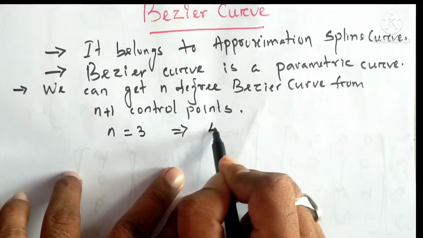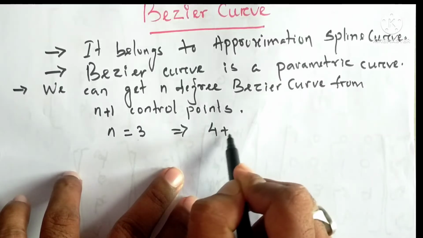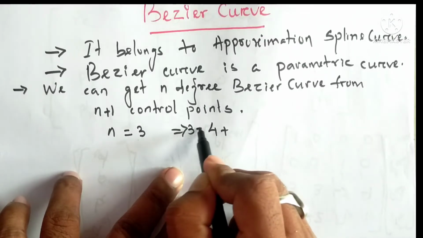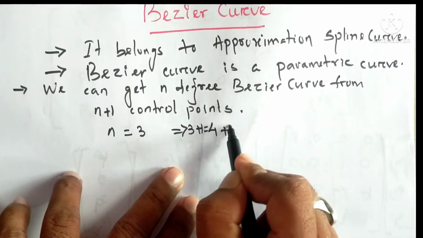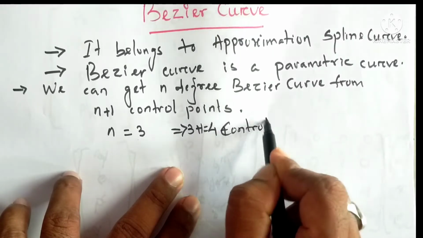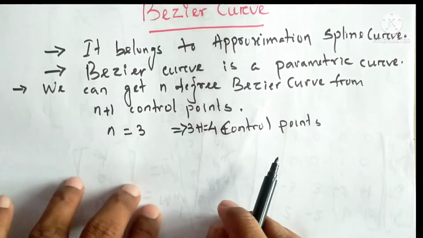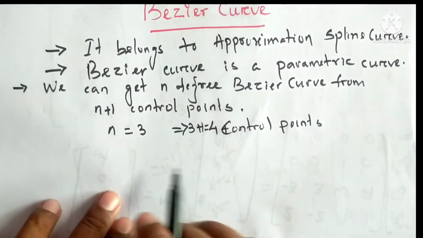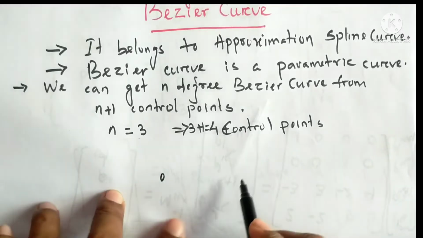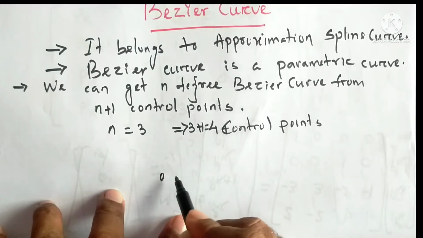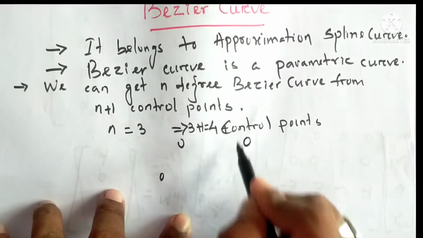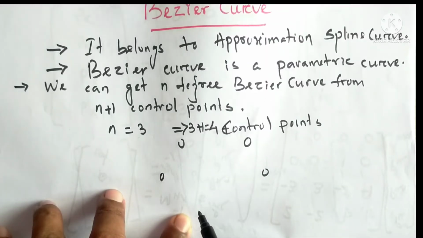So we'll have 3 plus 1 equals 4 control points. Just imagine that we have a control point here, another control point here, another here, and another here.